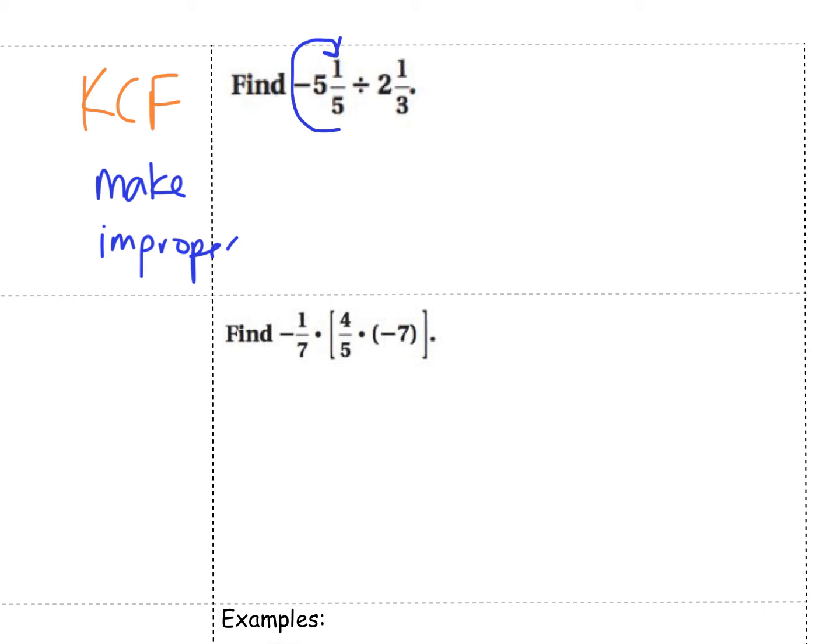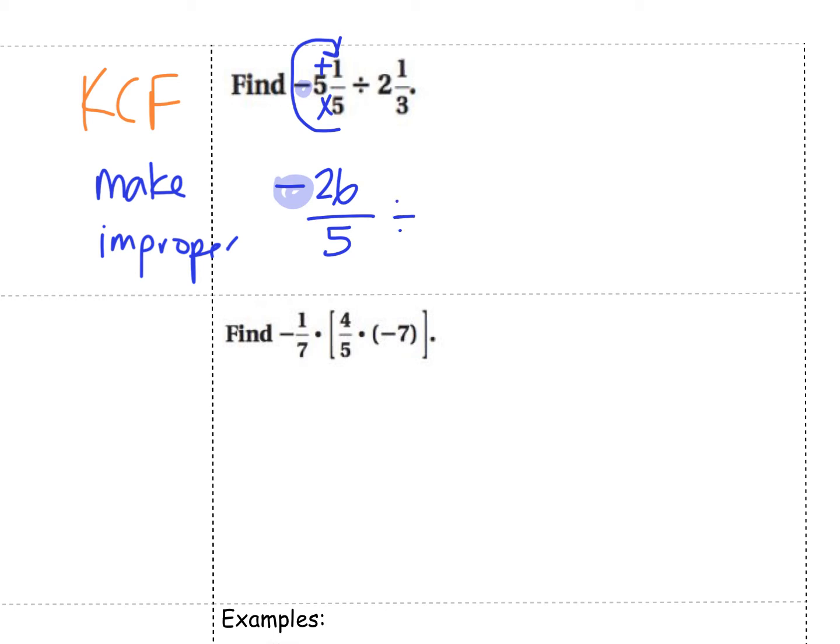When I'm making it improper, you just ignore the negative. I know my fraction's negative, so my answer is going to be negative something. 5 times 5 is 25, plus 1 is 26. The denominator stays the same, and I made sure I kept that fraction negative. So I have negative 26 over 5.